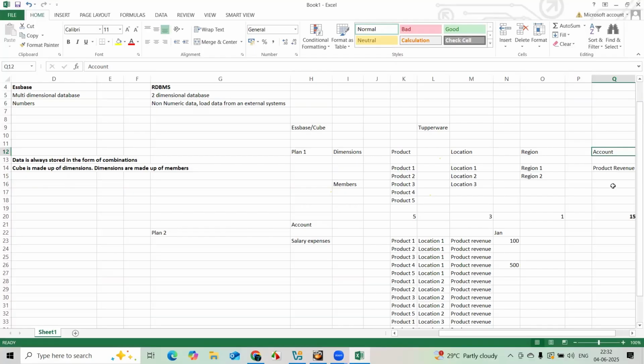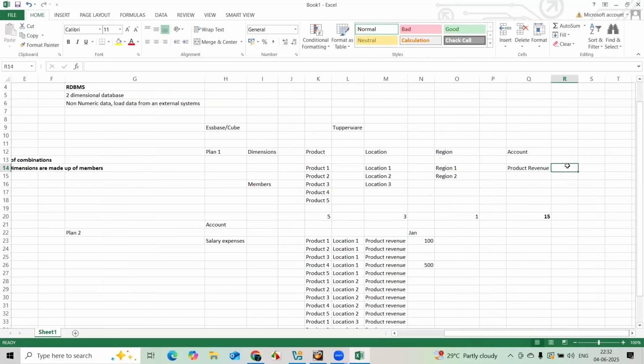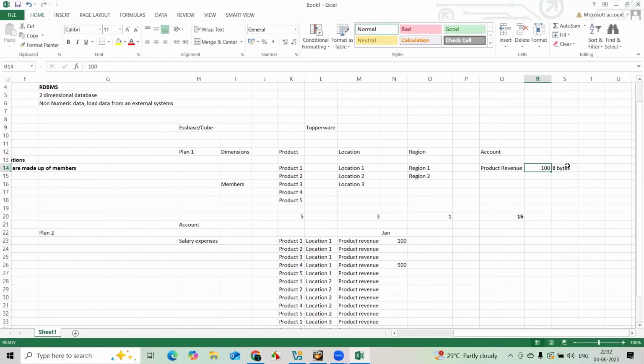Say product revenue has 100 in the Plan 1 cube, and it took 8 bytes of data. It consumed 8 bytes of storage in an Essbase cube. If you have inputted 100 here, it has consumed 8 bytes in the Plan 1 cube.